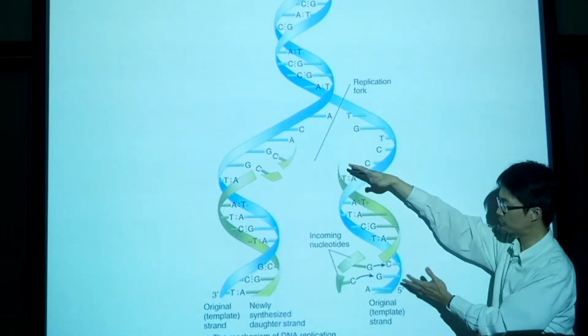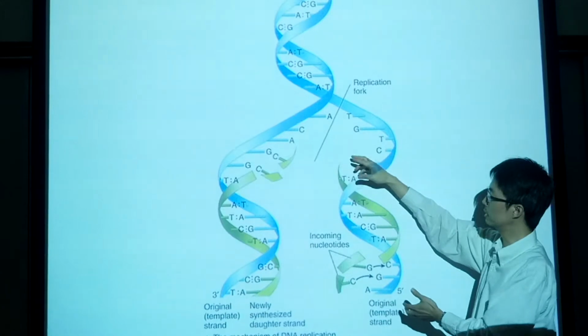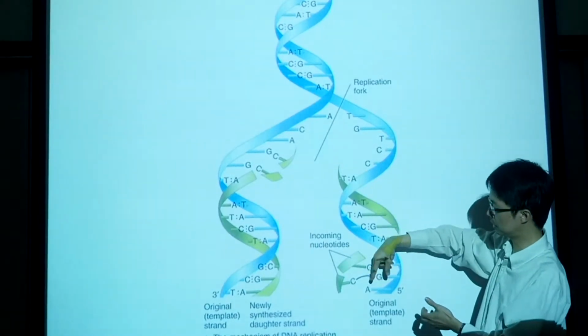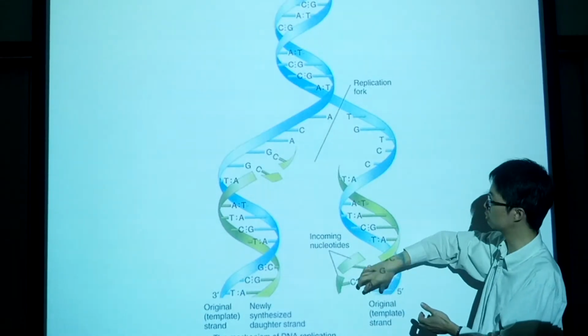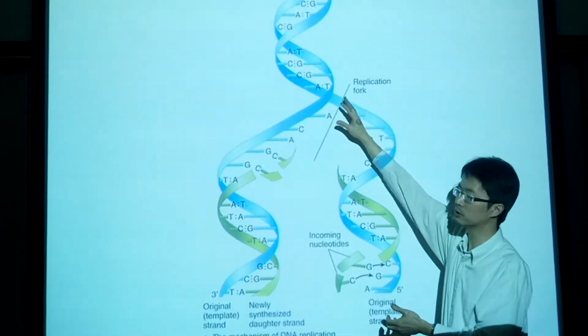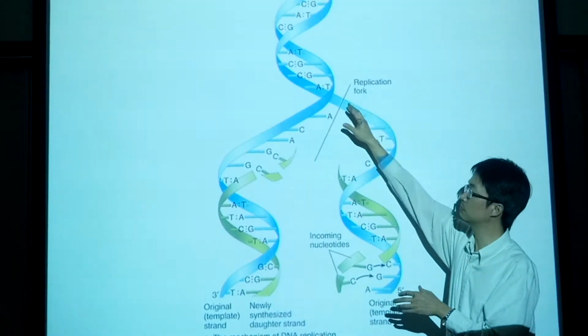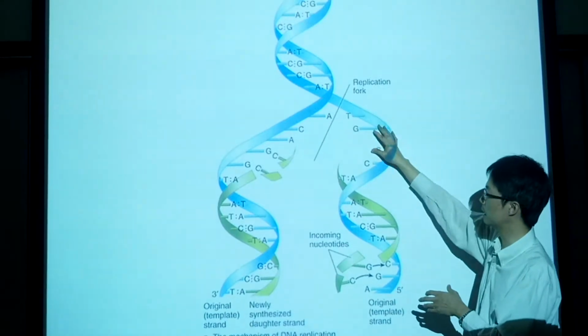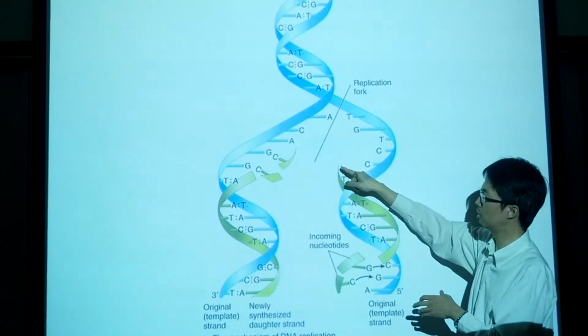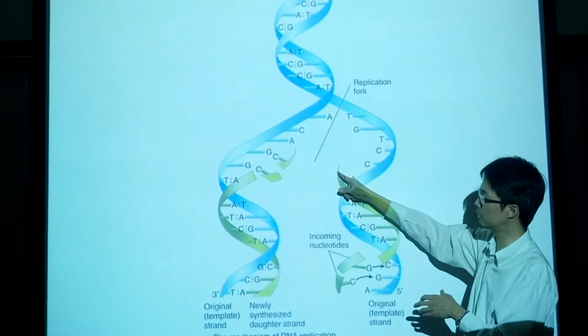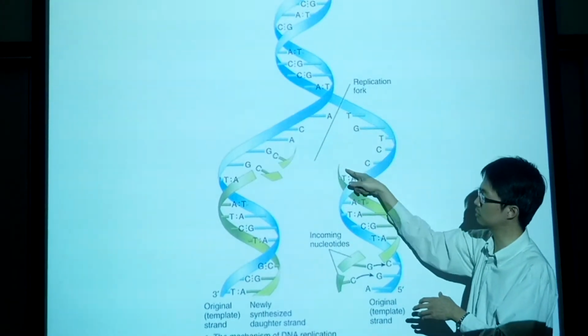So you have the first fragment here, and after the DNA polymerase finishes making the daughter strand, you go back to where the newly unwound DNA is and start to replicate. And there will be a break between the first piece of daughter strand and the second piece of daughter strand.